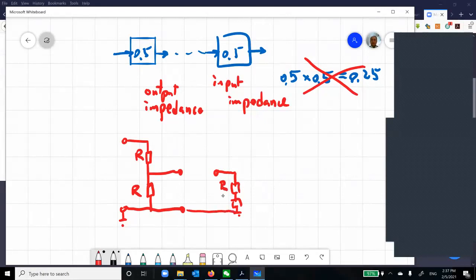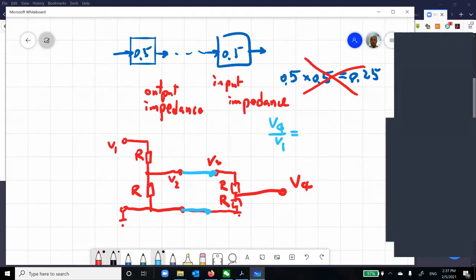You have R here and another R here. And pull out, this one is V4, right? So this is V1, this is V2, this is V3. So you just pull these two together, okay? In this case, we want to know what is V4 divided by V1, right?